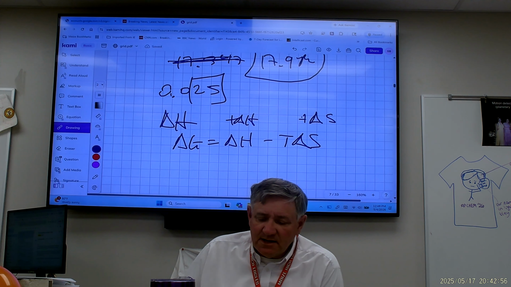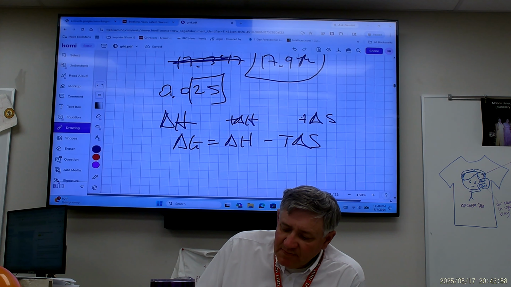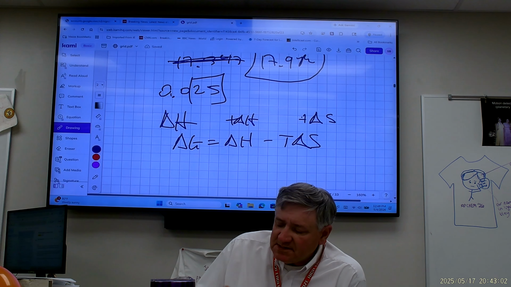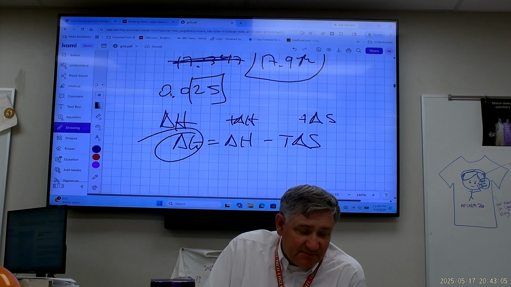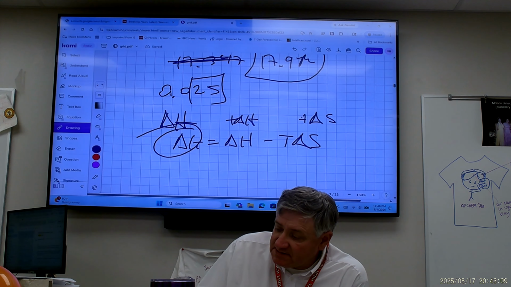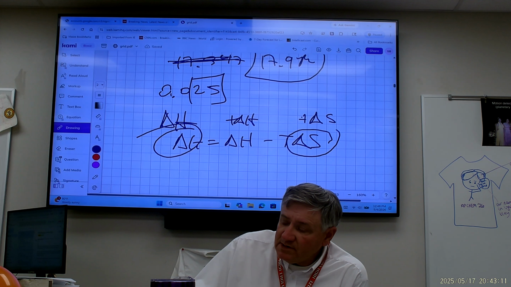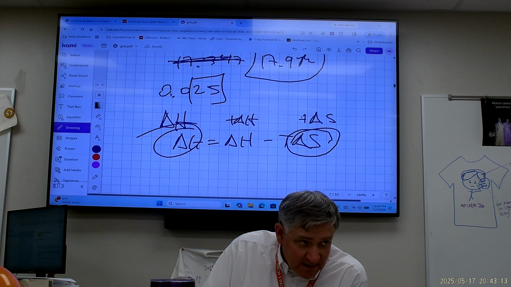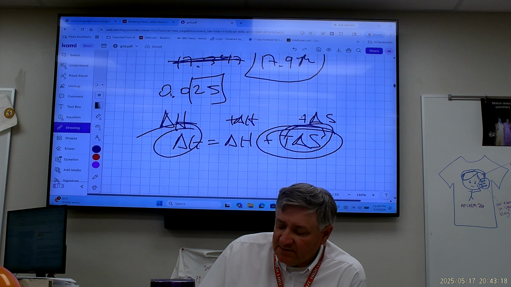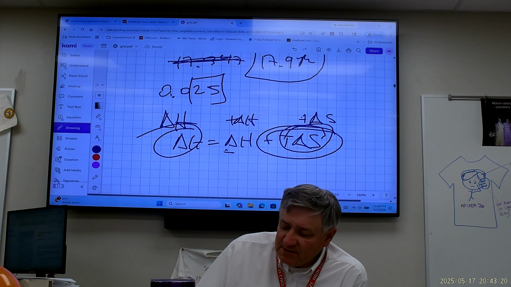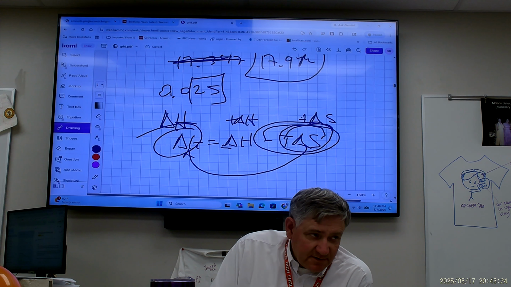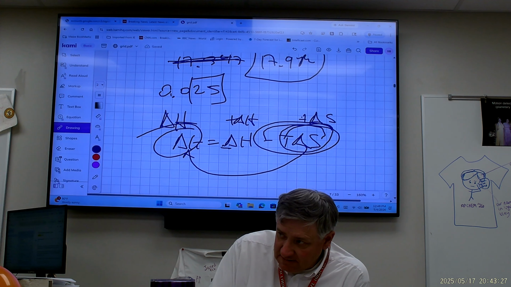So what they're saying is that this is making it more thermodynamically favorable. Basically, you want to generate a negative delta G to make it spontaneous. And so that's what you need to say. You say, okay, hey, we're going to subtract that T delta S portion of the equation from a positive delta H. That'll generate a negative delta G. That's going to lead it to being spontaneous.